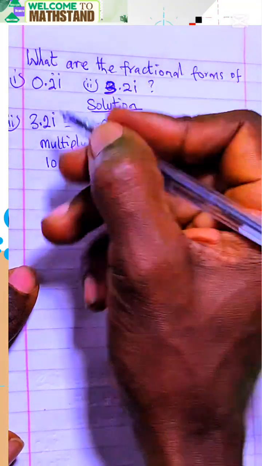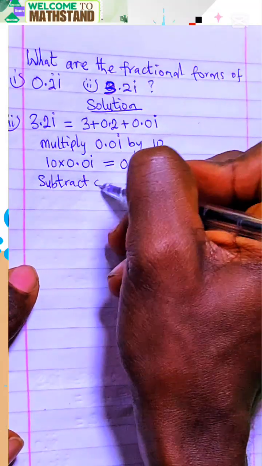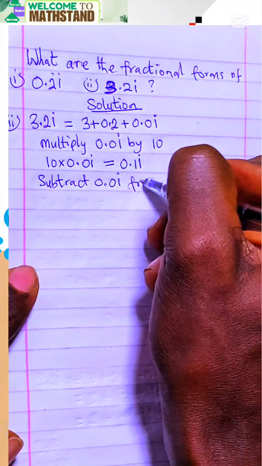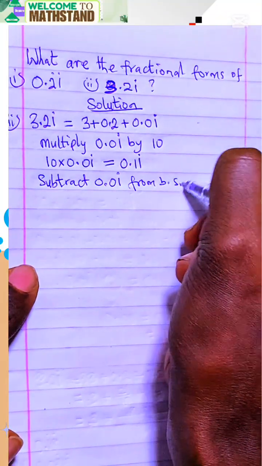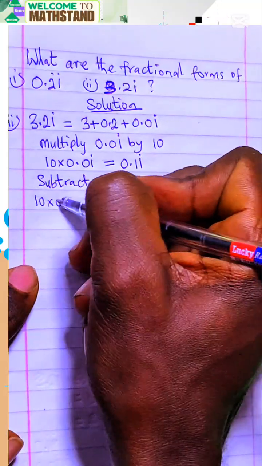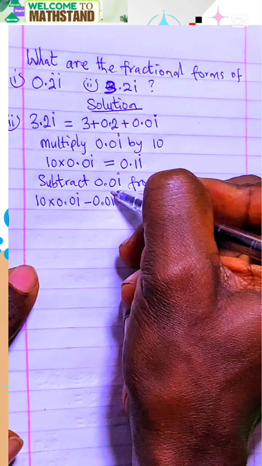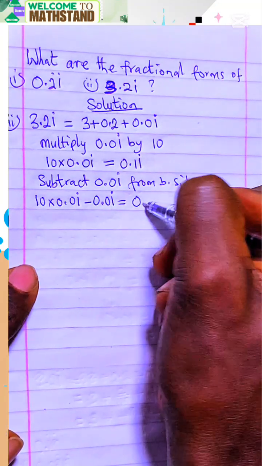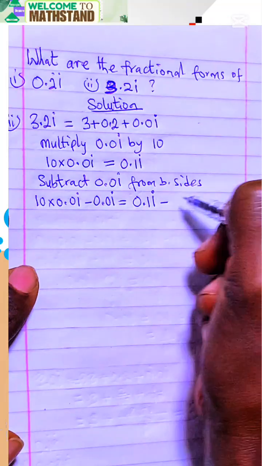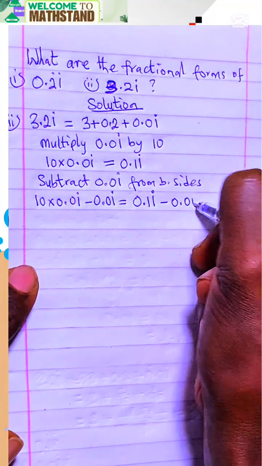So after this we do what? We subtract 0.01 from both sides. So here we have 10 times 0.01 minus 0.01 equal to 0.11 with 1 repeating minus 0.01.